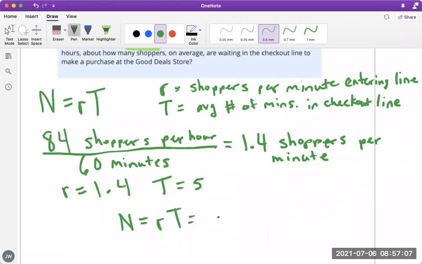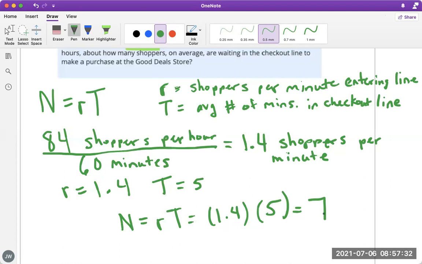All right, now that we've converted, we have our information. We're just going to plug in 1.4 times 5. Calculate that real quick. Tell me what you got. Miss All has 7. Did you get that?